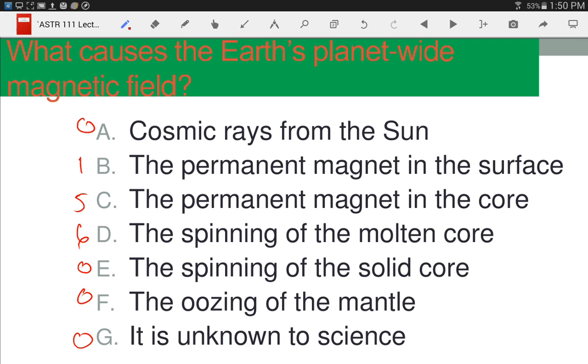Why? Well, obviously I don't think that there's a permanent magnet in the core. Also, it's not a permanent magnet on the surface.